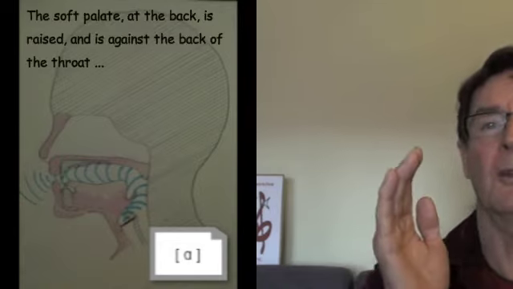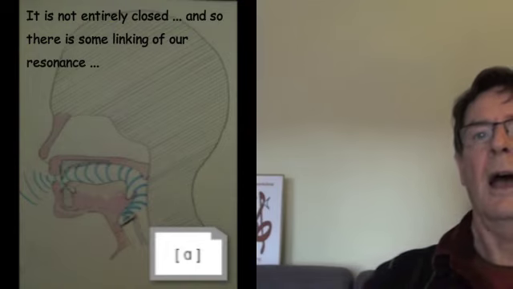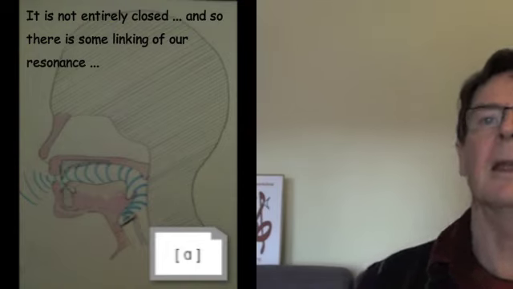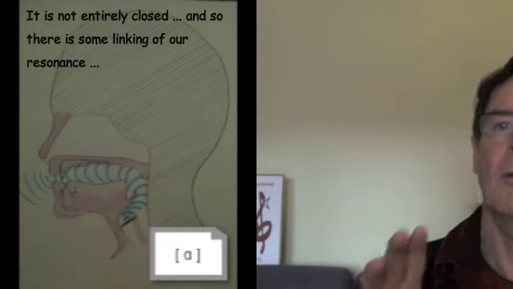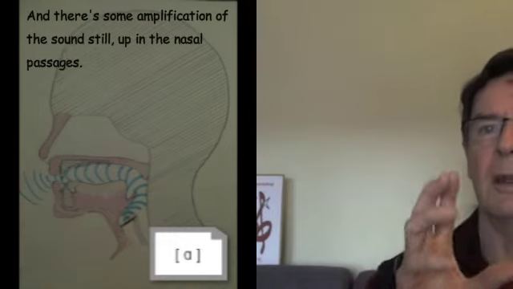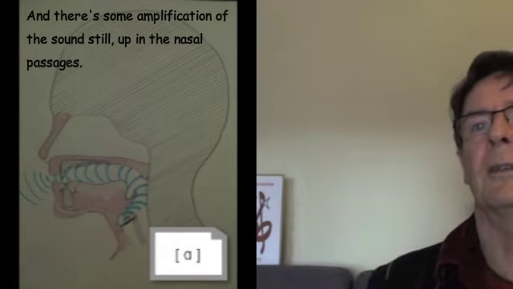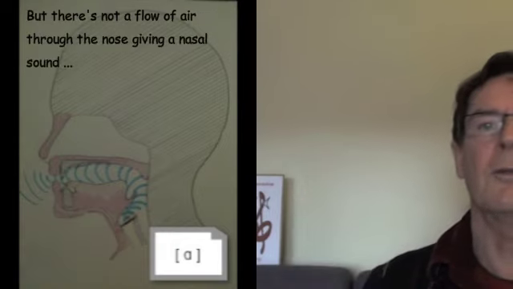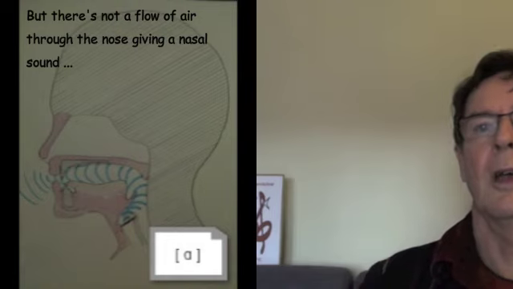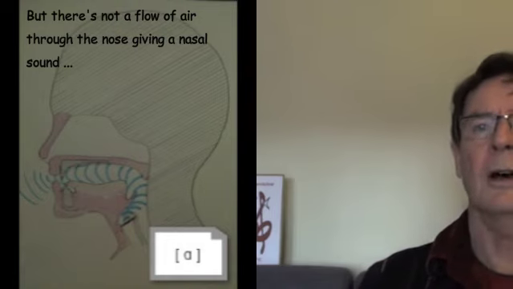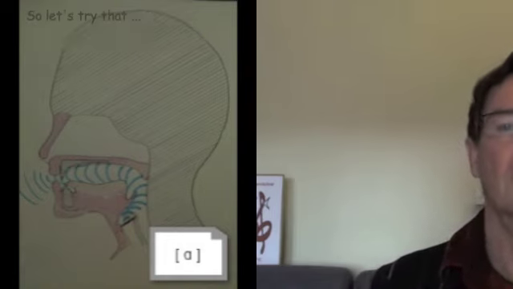It is not entirely closed, and so there is some linking of resonance, and there's some amplification of the sound still up in the nasal passages, but there's not a flow of air through the nose, giving a nasal sound. So let's try that.